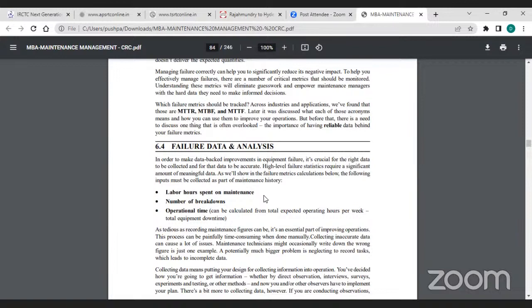Operational time can be calculated from the total expected operating hours per week minus the total equipment downtime. So how many hours it is working minus the total downtime will give the operational time. These are different metrics the companies use when they organize the maintenance records.